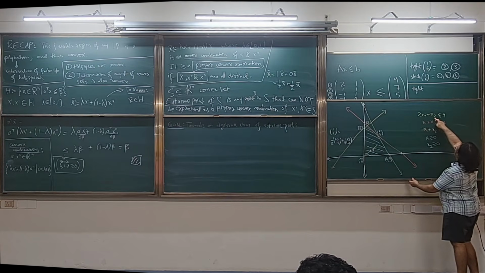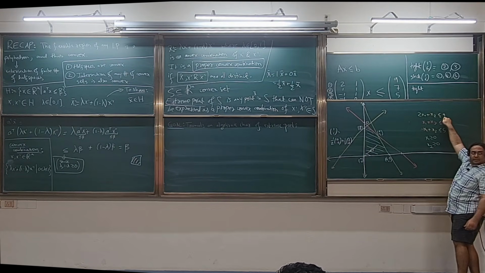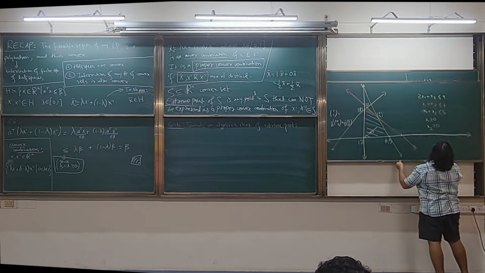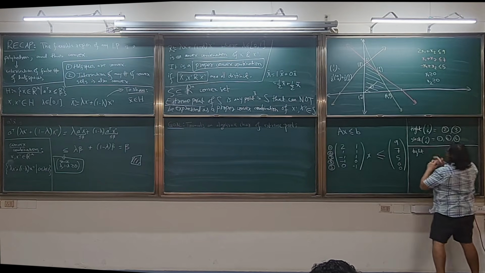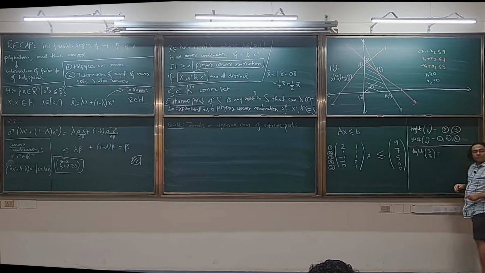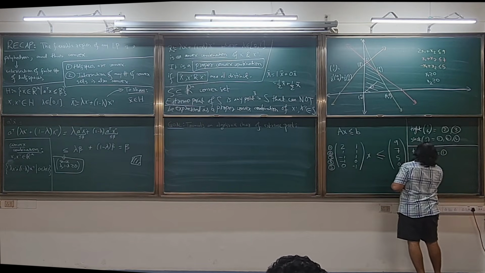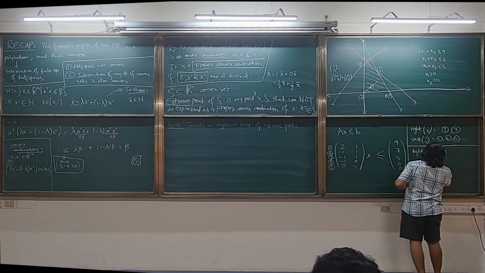This is 2x1 plus x2 equal to 9. 3, 3 works. What are the tight constraints? Only the first one, right? It's only the first one. And all others are slack.